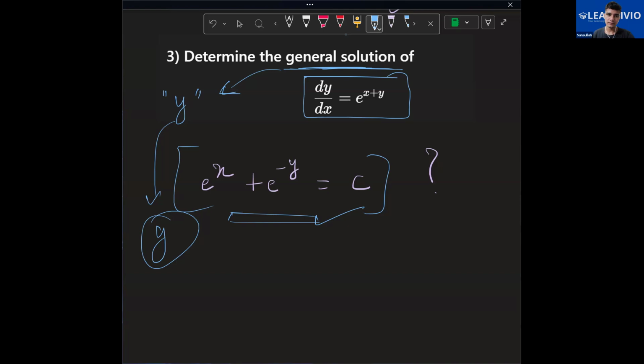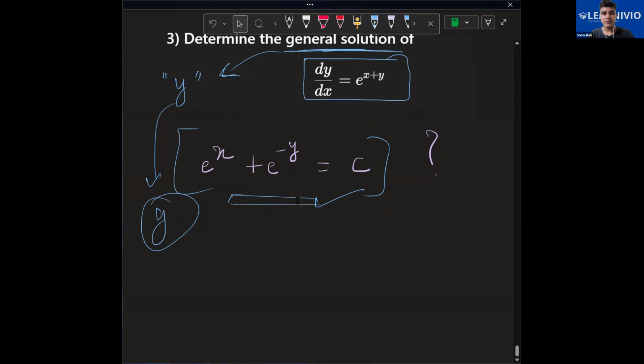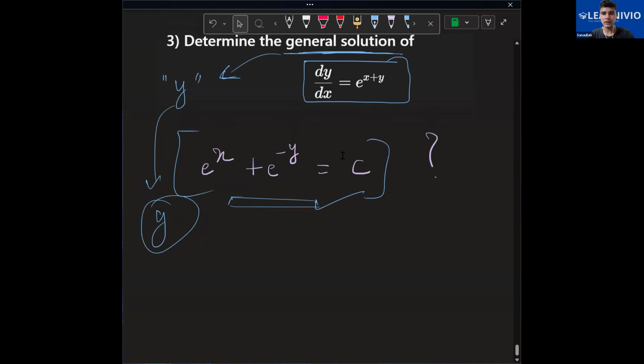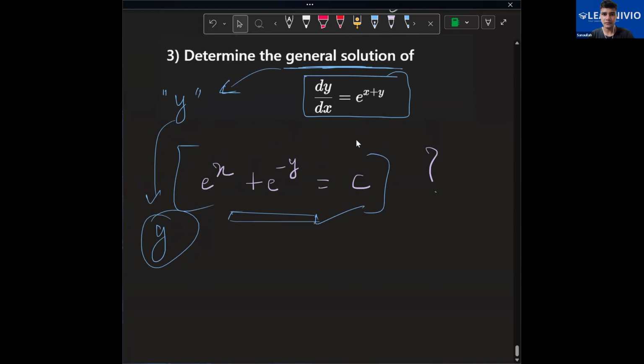Although this is correct, it is the intermediate part and does not show your general solution. After this, taking log or doing something else, you can get the value of y, and that will give you the solution of this differential equation.